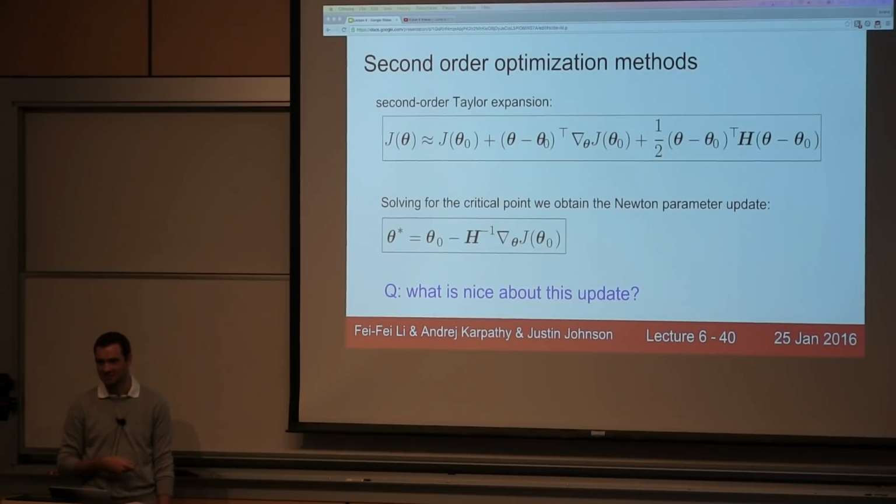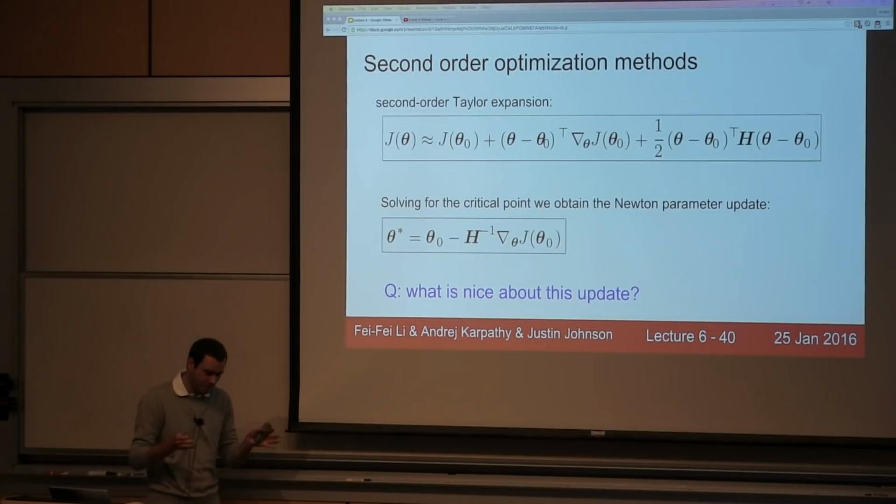Why do people like these or use them? Especially the Newton method is presented here. What's nice about this update? Faster convergence. Less hyperparameters. Thank you. Less hyperparameters. You'll notice no learning rate, no hyperparameter in this update. Okay? And that's because if you see your gradient in this loss function, but you also know the curvature in that place.